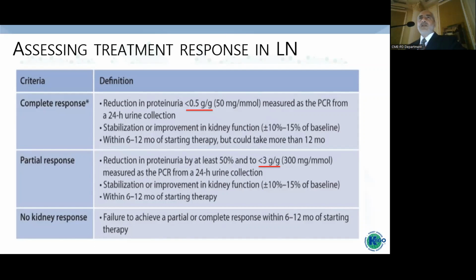And this also after 6 to 12 months of initiation of treatment. If the patient is not achieving either complete or partial remission within 6 to 12 months of the initial treatment protocol, this is called non-responder, no response, and this patient should be re-evaluated. Why is he not responding to treatment, either complete remission or partial remission.